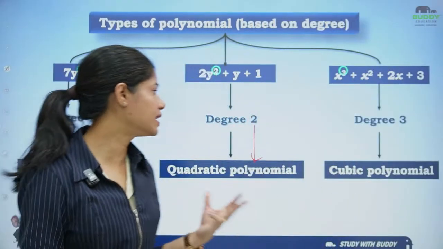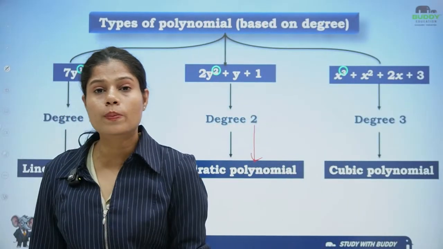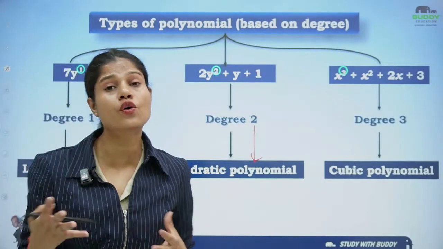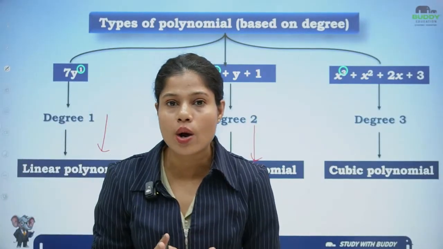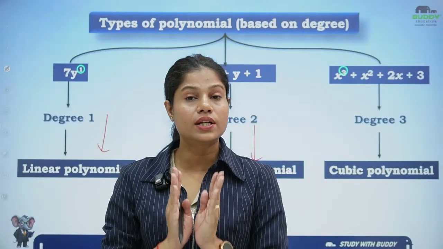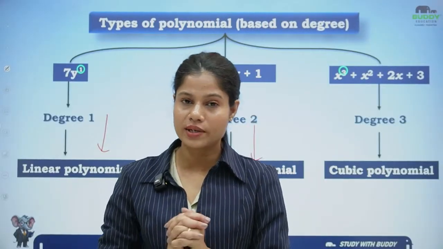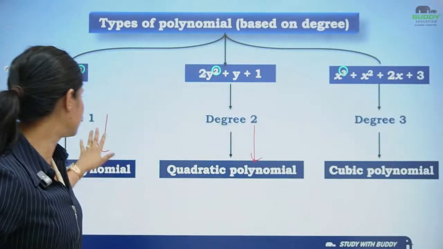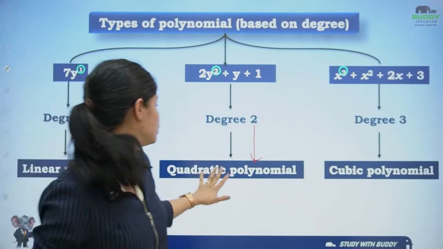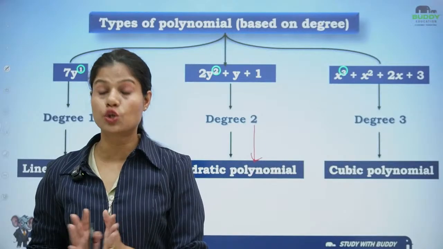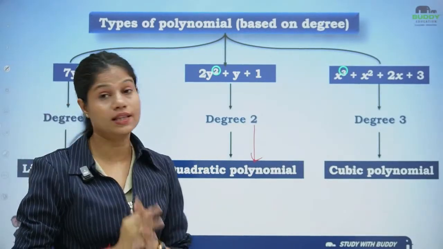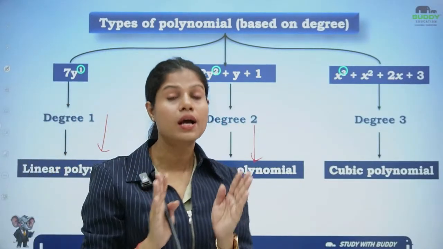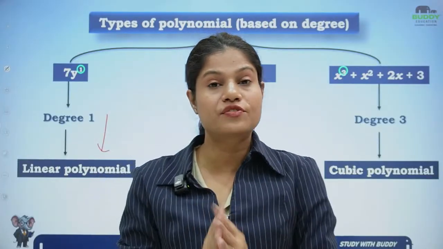If the degree is 3, you will name it cubic. If the degree is 4, you will name it biquadratic, or in general, if the degree is more than 3, you will name it a polynomial. So this is understood: degree 1 linear, degree 2 quadratic, degree 3 cubic. But again the question is the same, that first you have to simplify them.